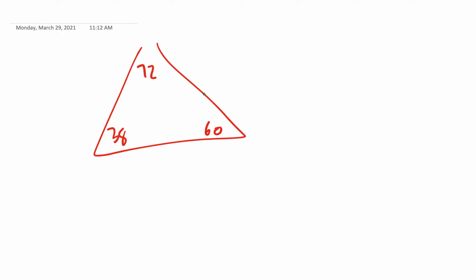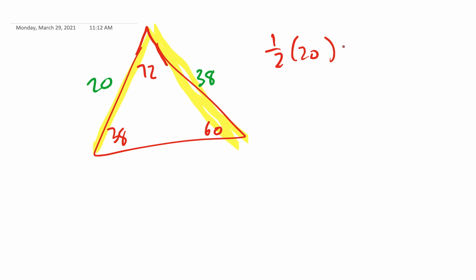And we're just going to use, so let's say I have 38 here and 20 here. So which angle do I have to use? Well, I have to use the 72 because those are the two sides forming the angle 72. So I'm going to say 1/2 times 20 times 38 times the sine of the angle being formed by those two sides, sine of 72.